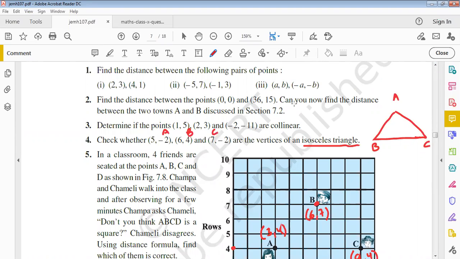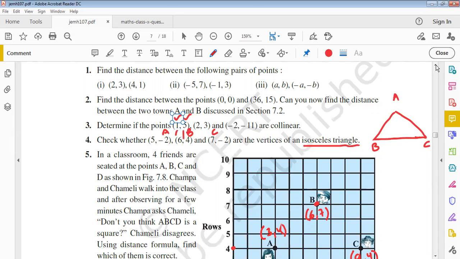X is called the abscissa and y is called the ordinate. From the system we know that the x and y axes divide the plane into 4 parts: quadrant 1, quadrant 2, quadrant 3, quadrant 4. We mark (x, y) based on that, x axis first, y axis next. The x coordinate is called abscissa and the y coordinate is called ordinate.